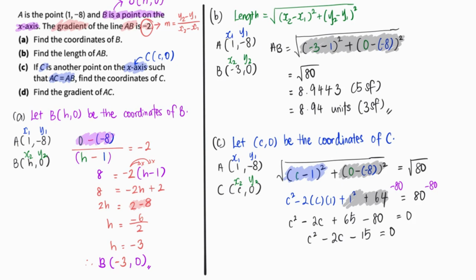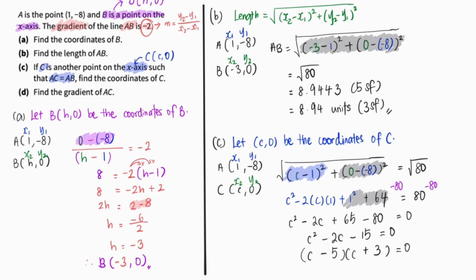And I would then have to factorize this. When I factorize this, I will get C minus 5, C plus 3. And finally, C minus 5 is equals to 0.